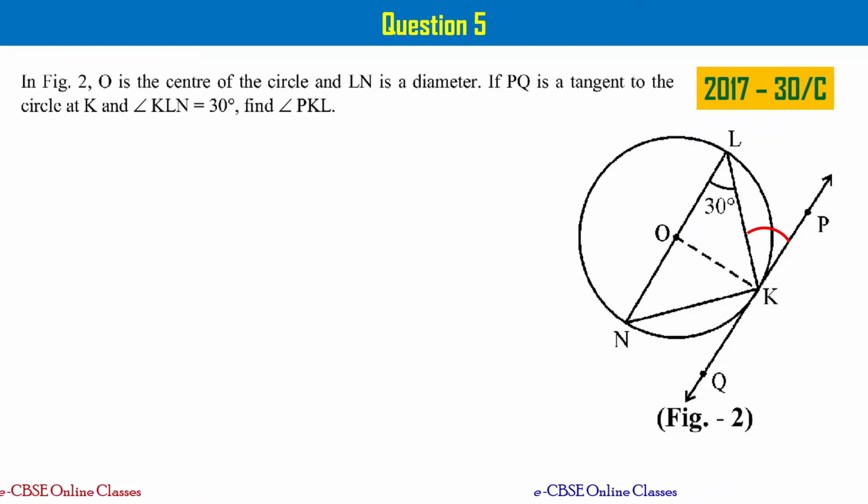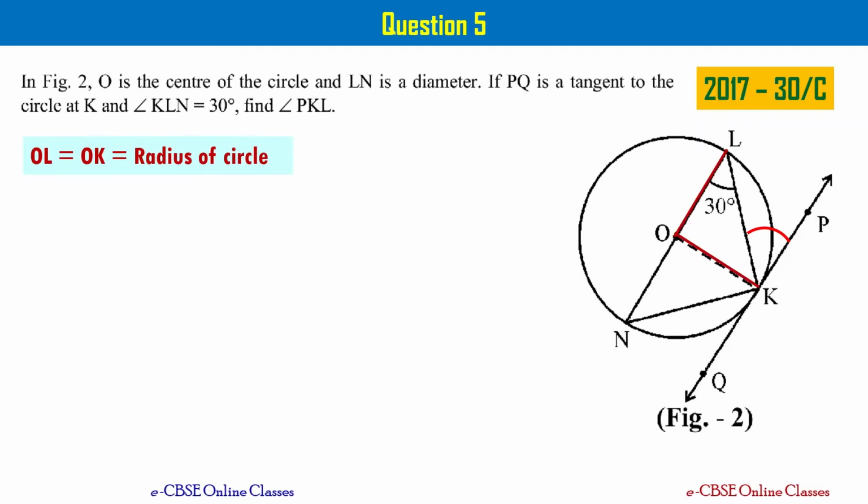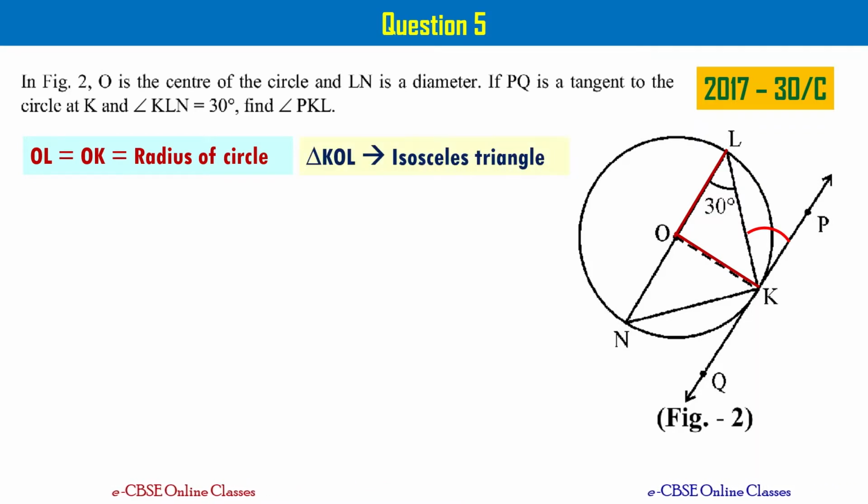That is equal to angle KLO. From the figure, you see that line OL equal to line OK equal to radius of the circle, right? It means two of the sides of the given triangle are equal. It means triangle KOL is an isosceles triangle.